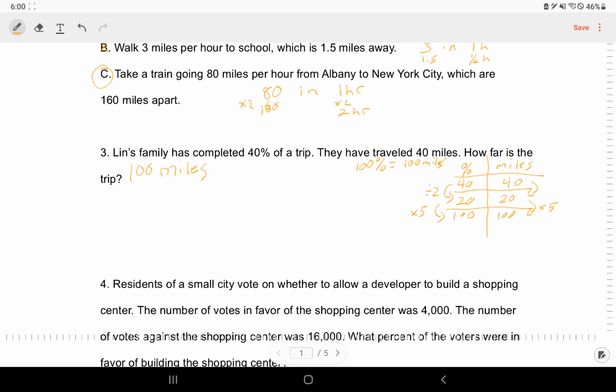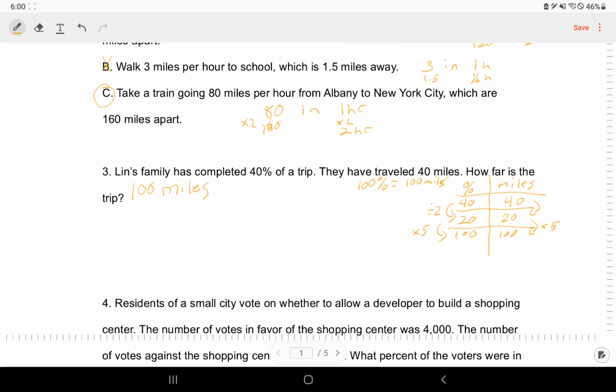Now, another way to do this would be if it's 40% of something, we would do 40 times 100 and get 4,000 divided by 40.